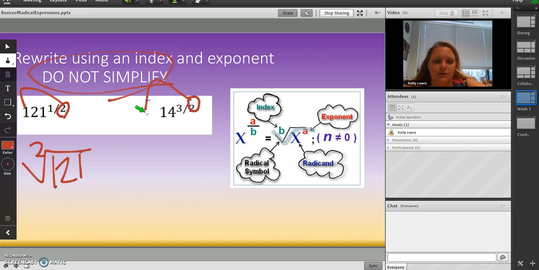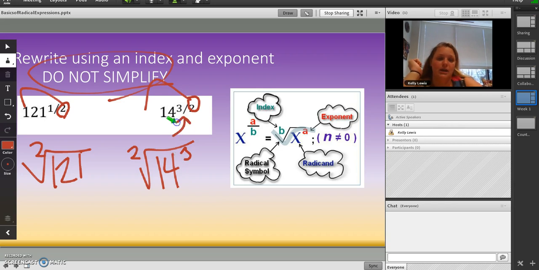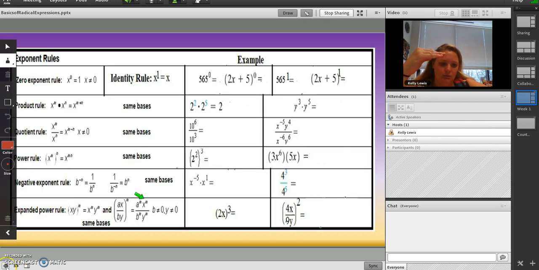The bottom number goes out front. So 14 to the third. I just need you to be able to go back and forth from a fractional exponent to a radical symbol, and that's all I want you to practice right here. Fractional exponent, radical symbol.